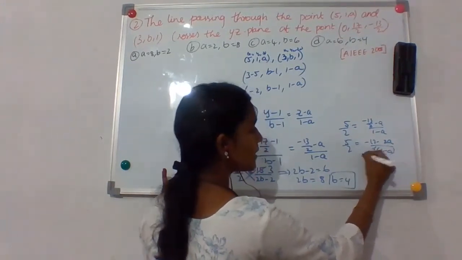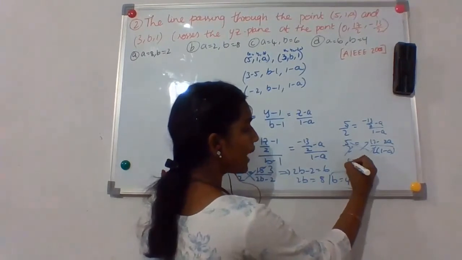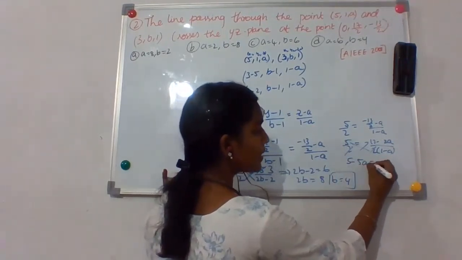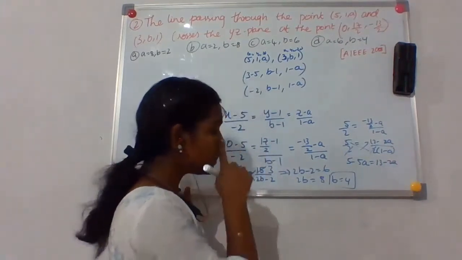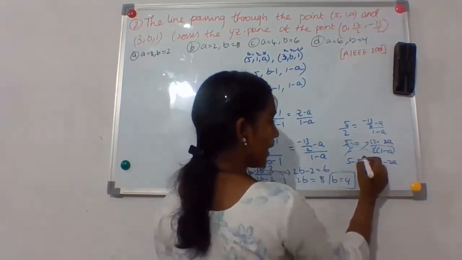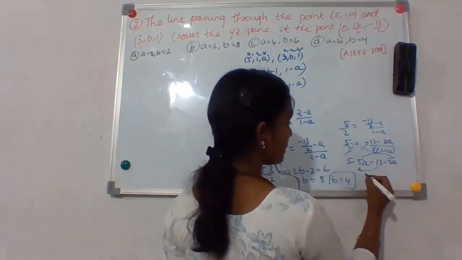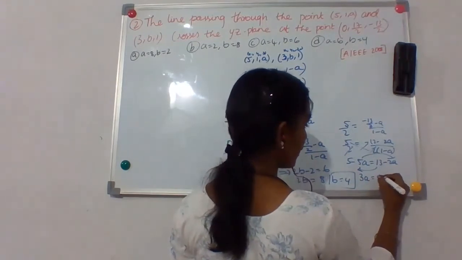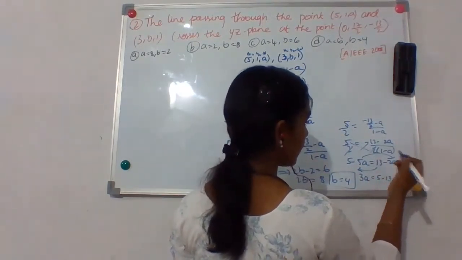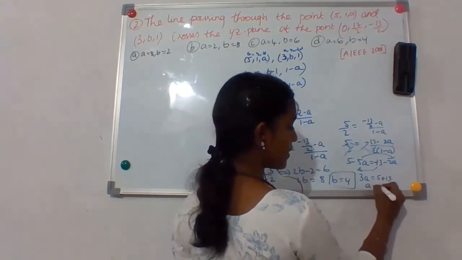I'll cancel these 2's and I'll cross multiply. Okay, so 5 minus 5a is equal to 13 minus 2a. So now I will take this here and this here. Then I'll get 3a is equal to 5 minus 13. Okay, this is minus 13, right? So 5 plus 13. So a is equal to 6.